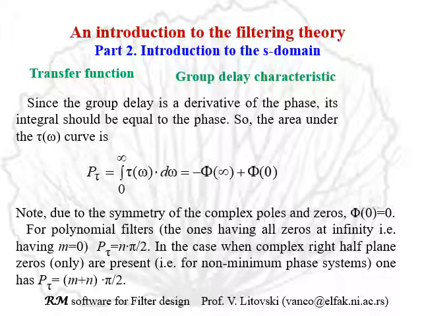In the case when complex right half plane zeros are present, that is in non-minimum phase systems, the overall area will be obtained by this expression where half of pi is multiplied by the sum m plus n.